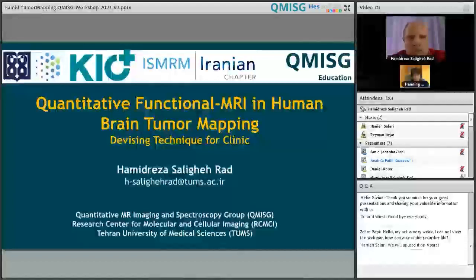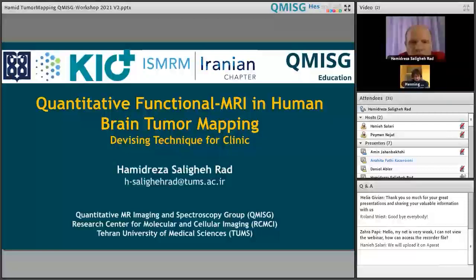I continue this panel. I will try to explain quantitative functional MRI, what has been discussed with radiology, and Dr. Fatty, as the MR tests for brain tumor mapping. I will try to introduce some of the tools for tumor mapping in terms of tumor grading and tumor contouring.